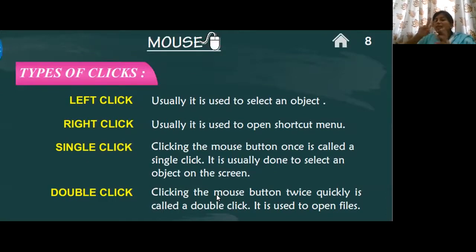Single click is for left and also right. Children, just remember, single click we use for left click and right click. But when we are doing a double click, it is always for a left click only. Double click is associated with only left click.